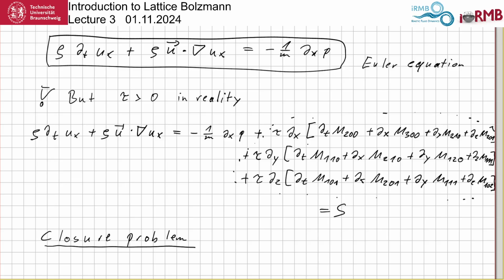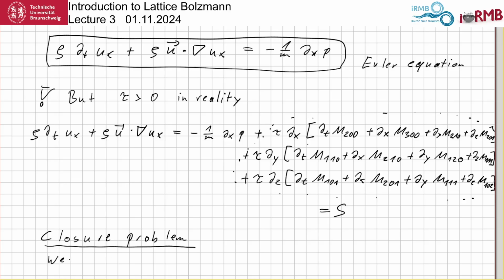And the root of all of this is already in the kinetic theory. Because we are also doing statistics, we have statistical moments, and we have exactly the same problem as the Navier-Stokes equation has, just it does not start with turbulence, we have it from the start onwards. And this is the closure problem.